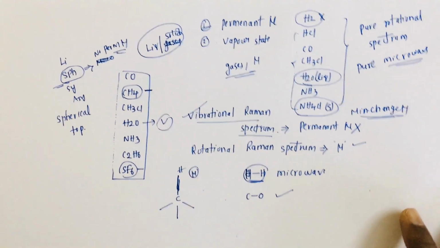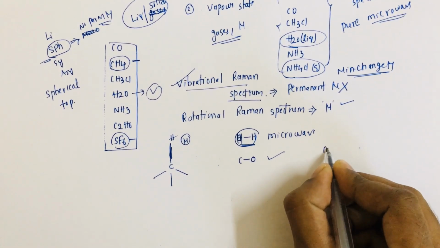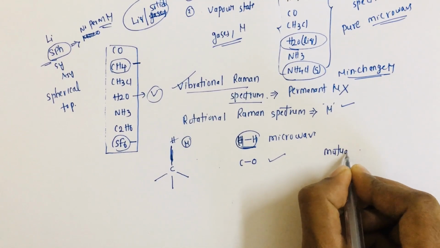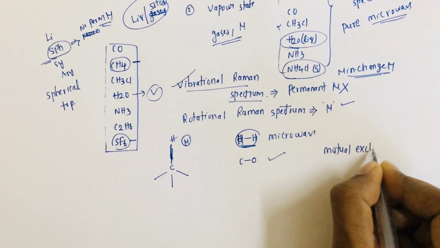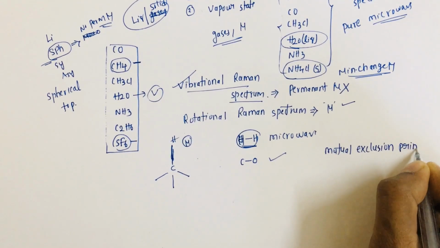And the next topic is about the mutual exclusion principle. So here we'll talk about some of the problems.